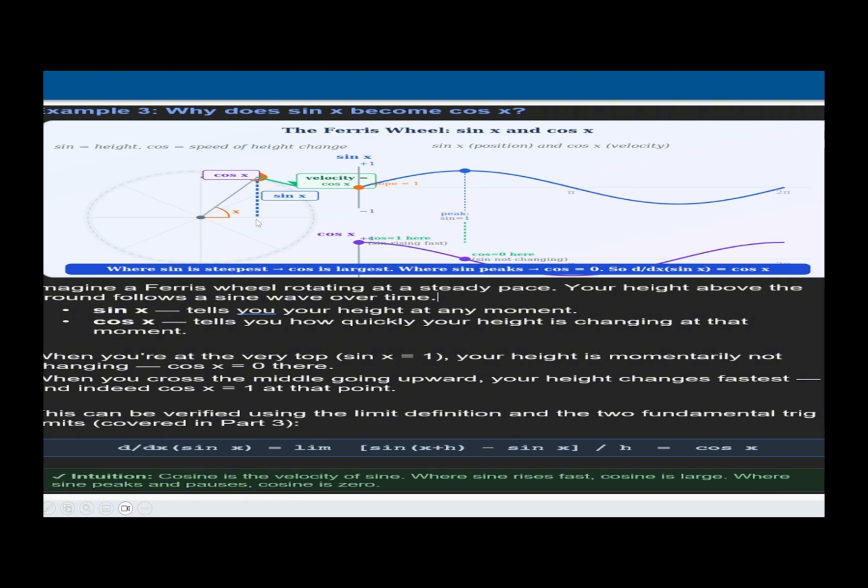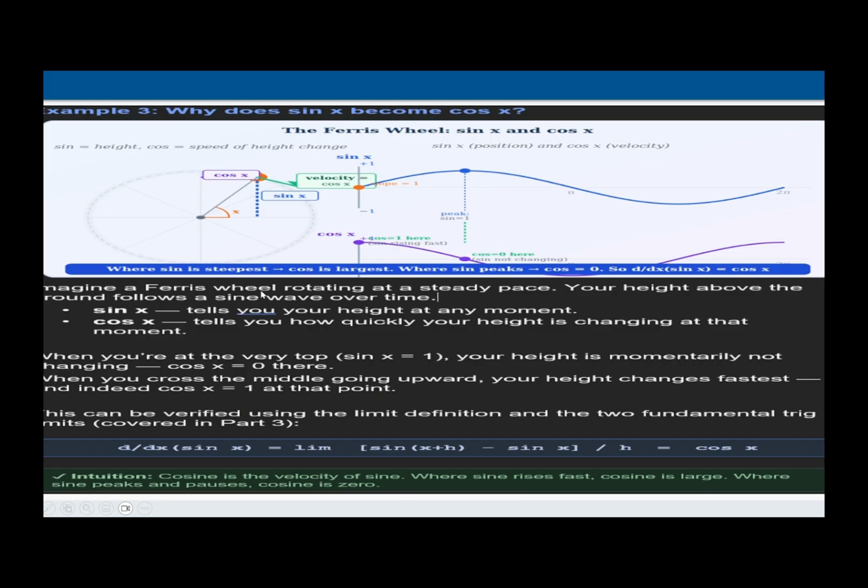This line is sine, and this one is cos x. Sorry, this is the sine, and this is the cosine. They are always opposite: when one is lower, the other is higher.